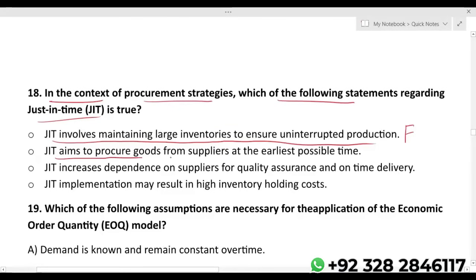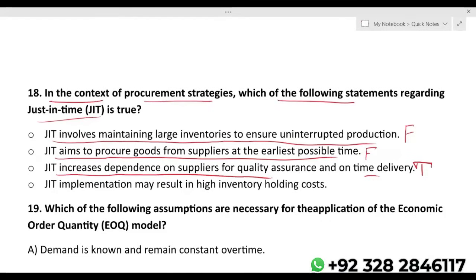JIT aims to procure goods from the supplier at the earliest possible time. What do you mean, earliest possible time? Again, I'll end up having too much inventory. JIT increases dependence on the supplier for quality assurance and on-time delivery. That's true. Actually, in JIT, I will not have that much time that first my supplier delivers the products to me, and then I take that material to the inspection department, and then the inspection department says, okay, it is fine, then I start the production.